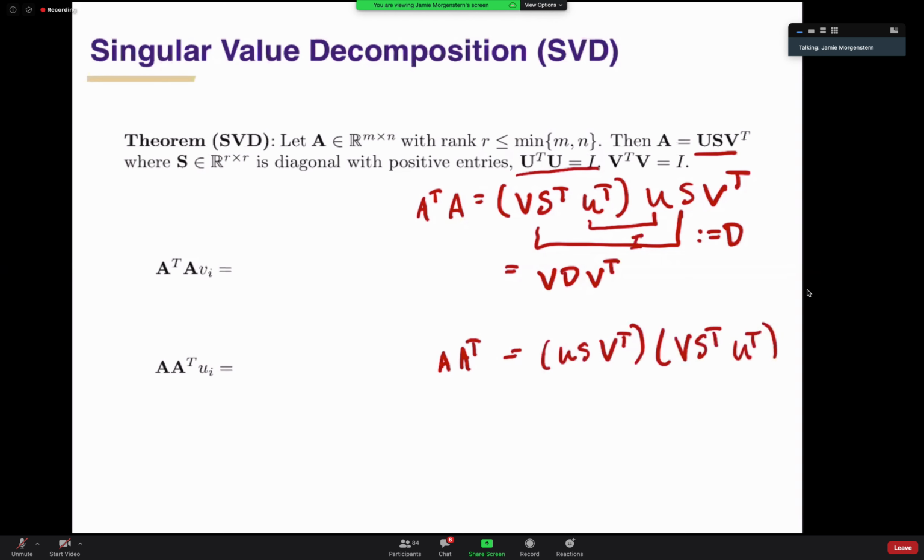We know that V transpose V is again equal to the identity. S S transpose, just as before, is also equal to this matrix D. And this is equal to U D U transpose.